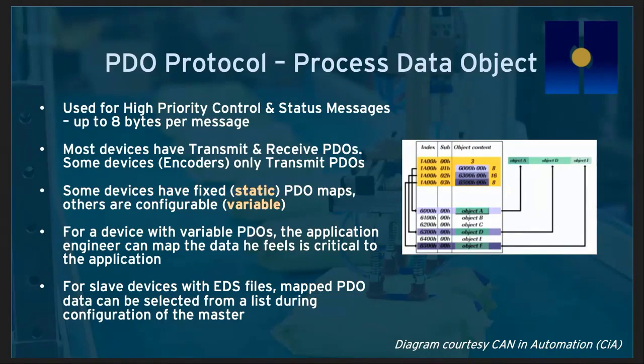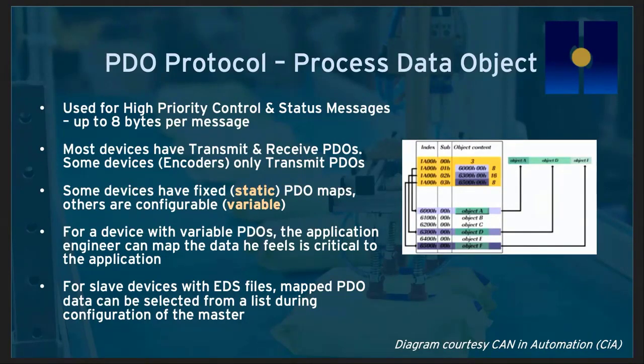However, what you'll find is most CANopen slaves offer what's called variable or dynamic mapping. So as an applications engineer, you may be able to utilize the default data map for the PDO for that device, but you'll also probably have the ability to specify some additional data that is important in your application that may not be important in somebody else's application.